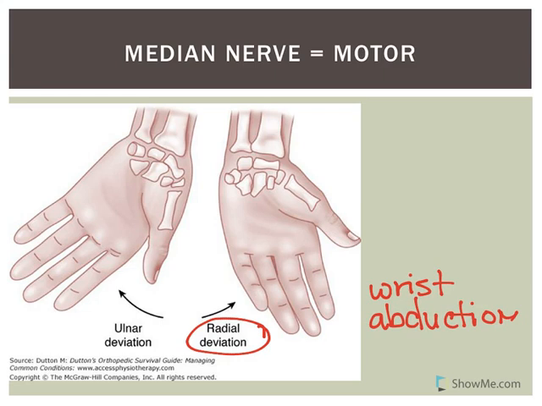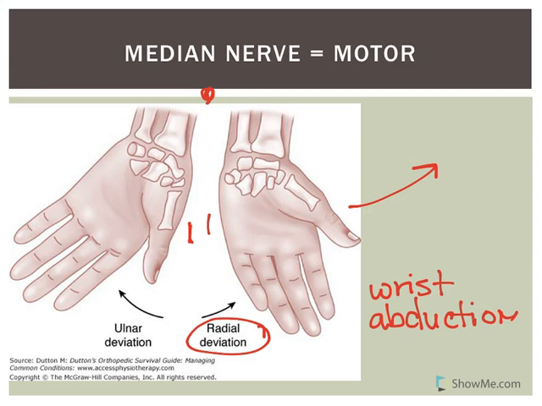Abduction is a word in which you move a limb away from the midline of the body. So if you think of this as someone's left hand, and they're moving their left hand away from the midline, where say the belly button and the legs are here, if they're moving the wrist away from the midline, that's wrist abduction.